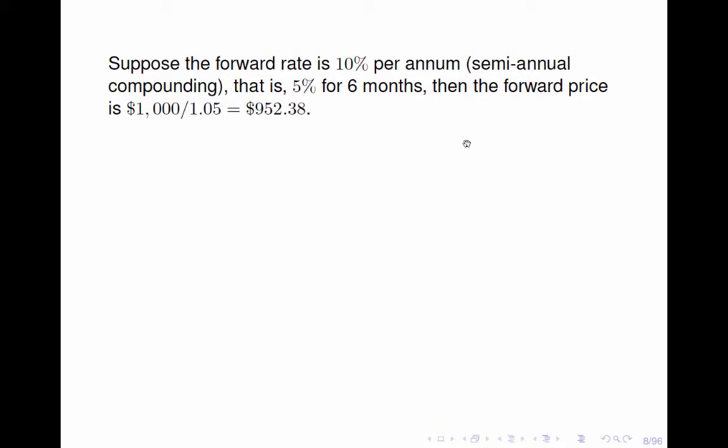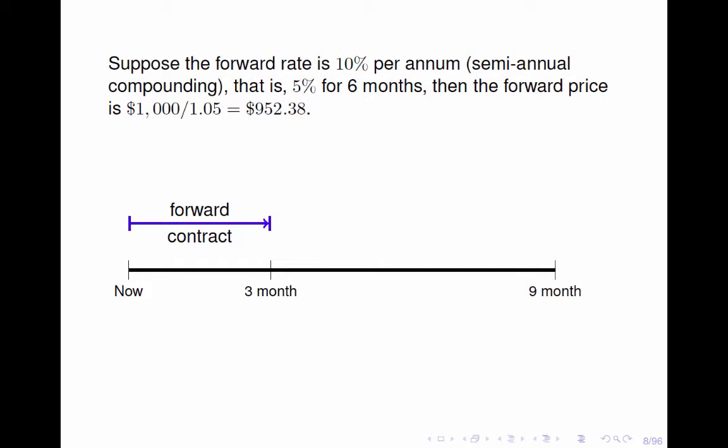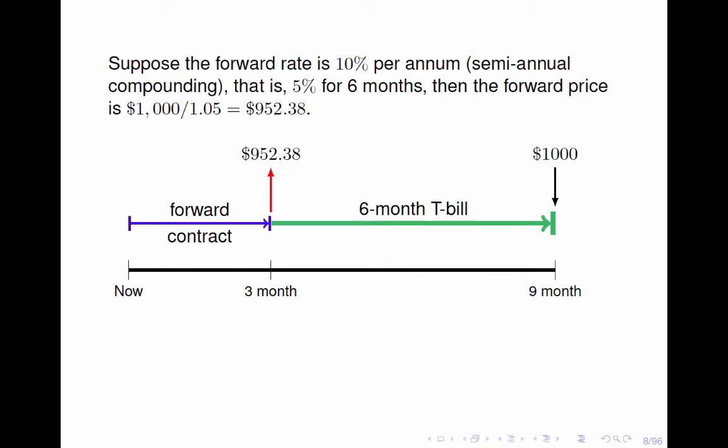To better understand the implementation, let's draw a timeline. At the current time spot, the investor signs the forward contract to buy a 6-month T-bill at $952.38 3 months later. The T-bill has face value $1,000 and lasts for 6 months. That is to say, after 9 months from now, he will receive the $1,000 for repayment.